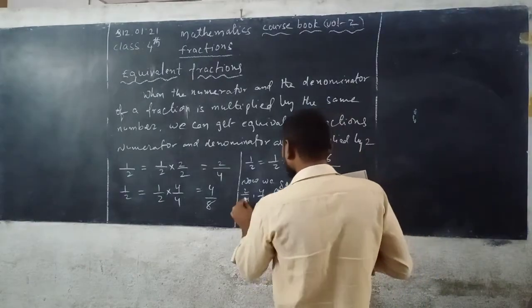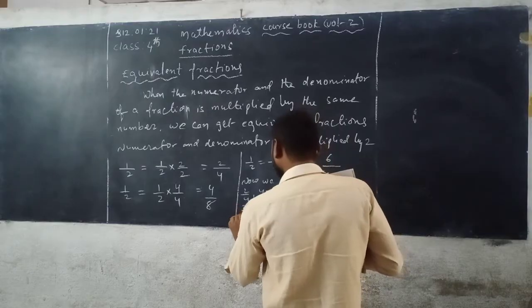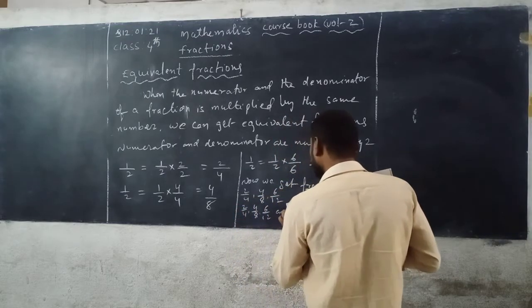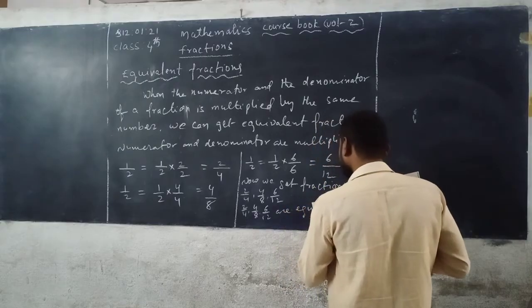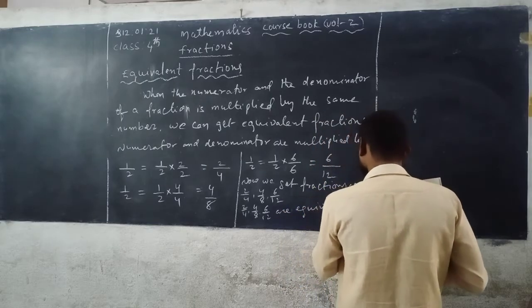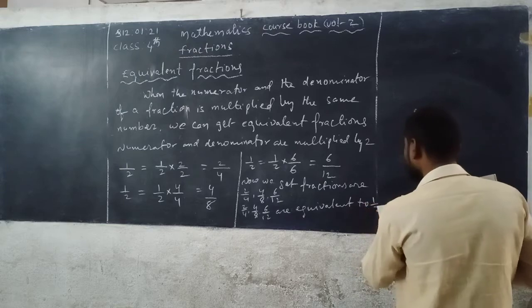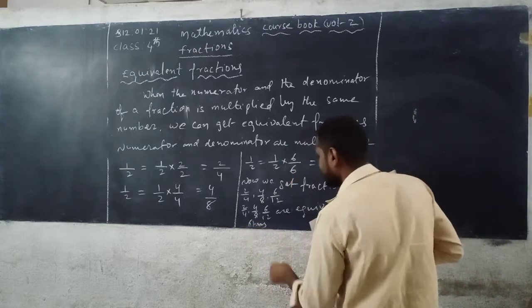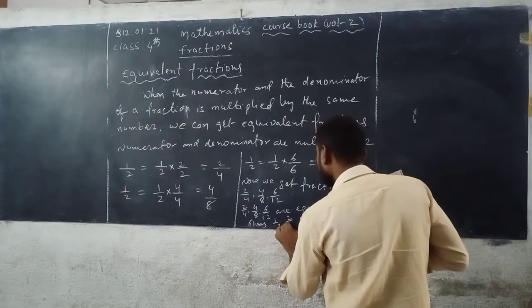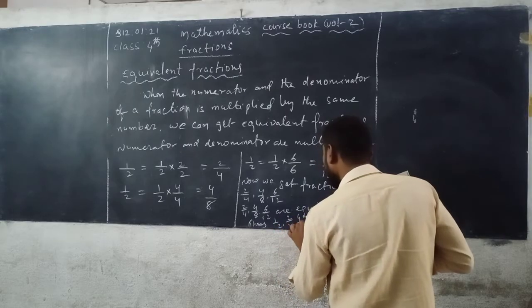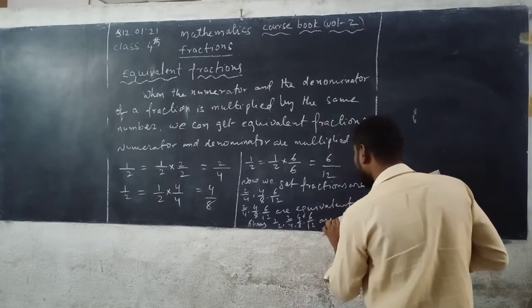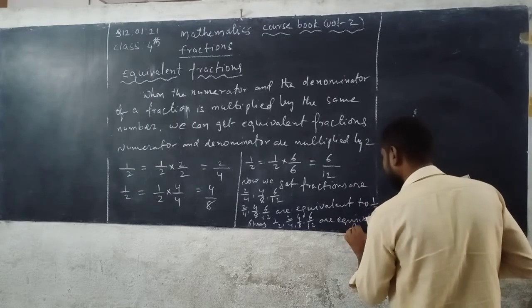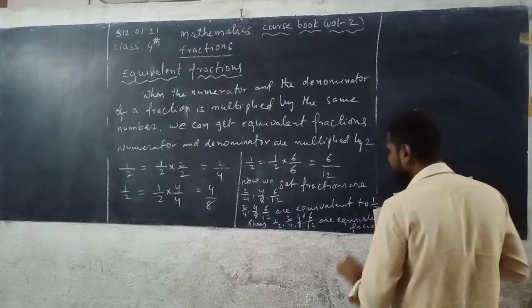See here, 2 by 4, 4 by 8, 6 by 12 are equivalent to 1 by 2. Thus 1 by 2, 2 by 4, 4 by 8, 6 by 12 are equivalent fractions. Did you understand?